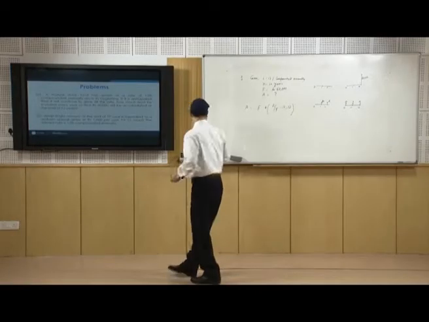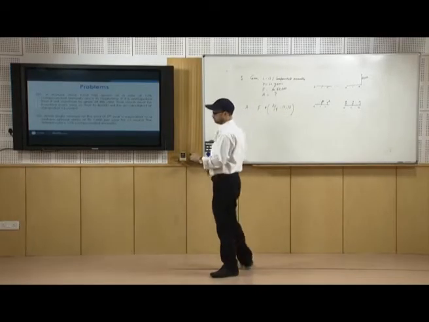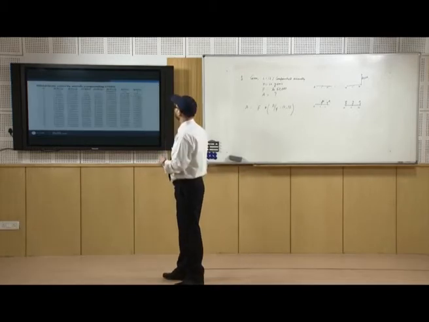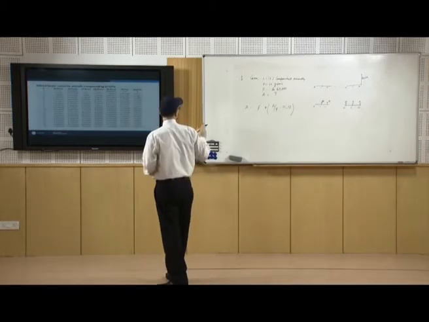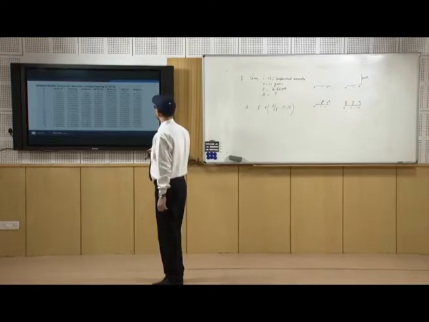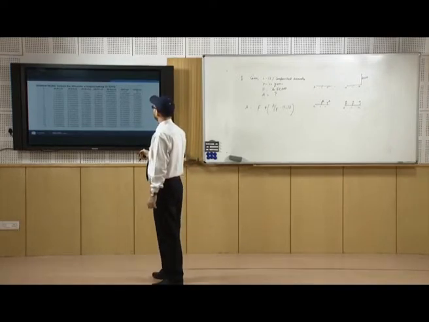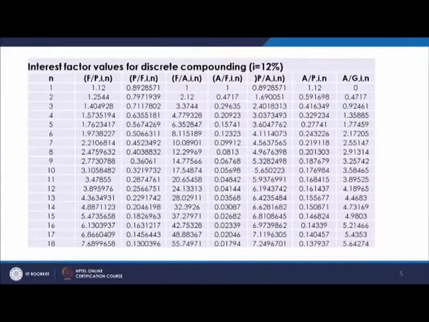This factor value we can refer from the table, A by F 12 12. This is the 12% table, and for 12% and 12 years the A by F 12 12 is 0.04144.